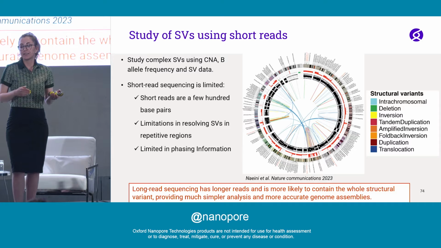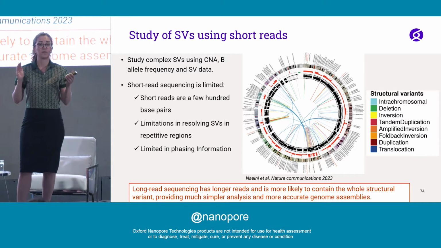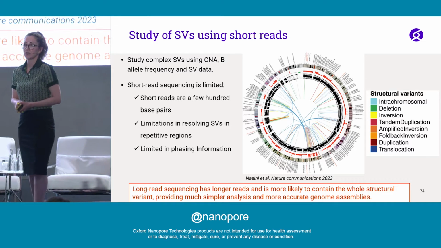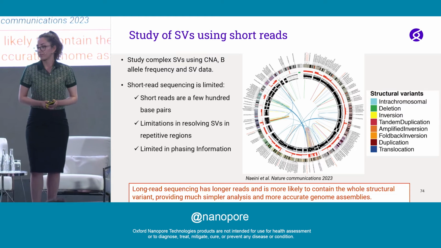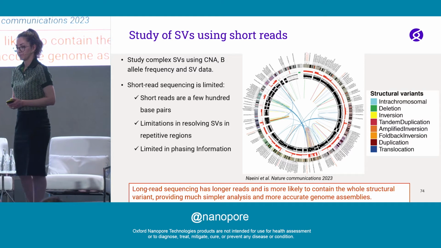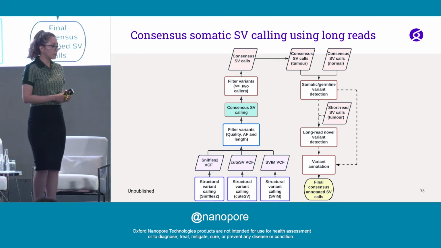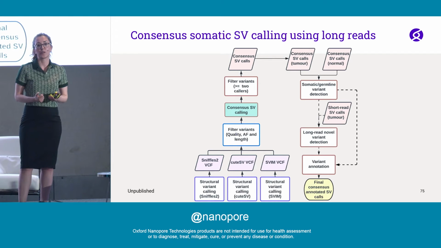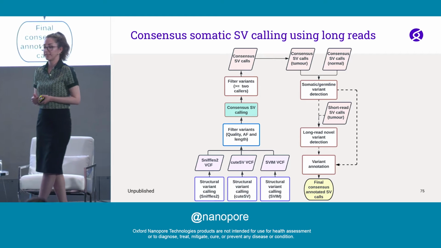Therefore, we expect potentially much simpler analysis and more accurate genome assembly. It's like having more pieces of the jigsaw puzzle. What we are interested in is detecting SVs with higher resolution and improving the classification of complex SVs.